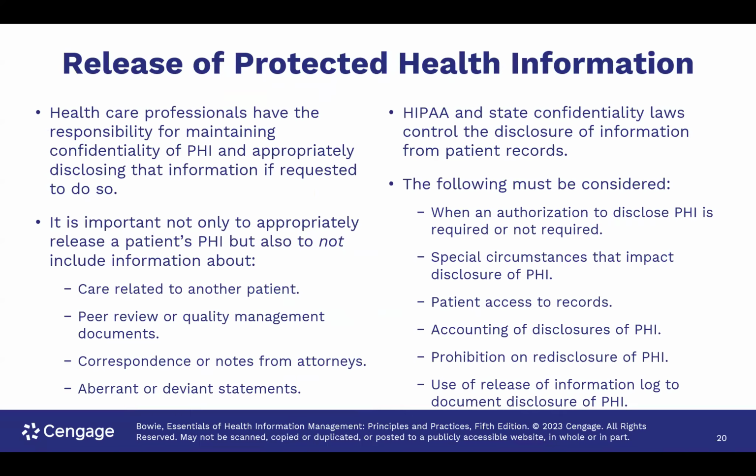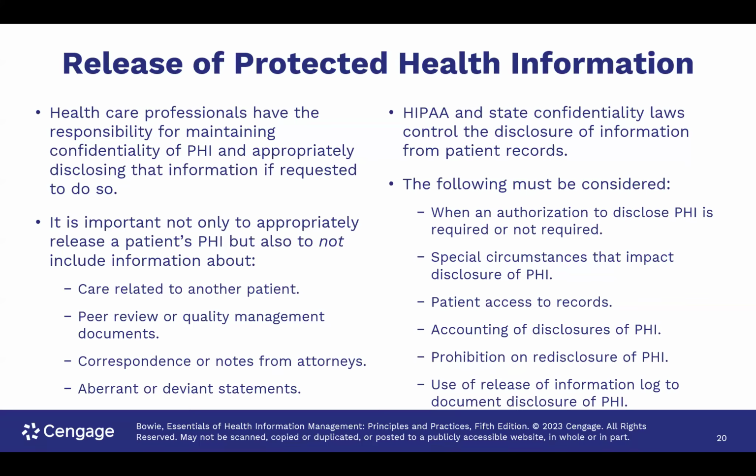So if we have protected health information, we at some point need to transmit it when people go to a different physician, go to a different hospital, and so on. Healthcare professionals have the responsibility of maintaining this confidentiality and appropriately disclosing the information if it's requested to do so.